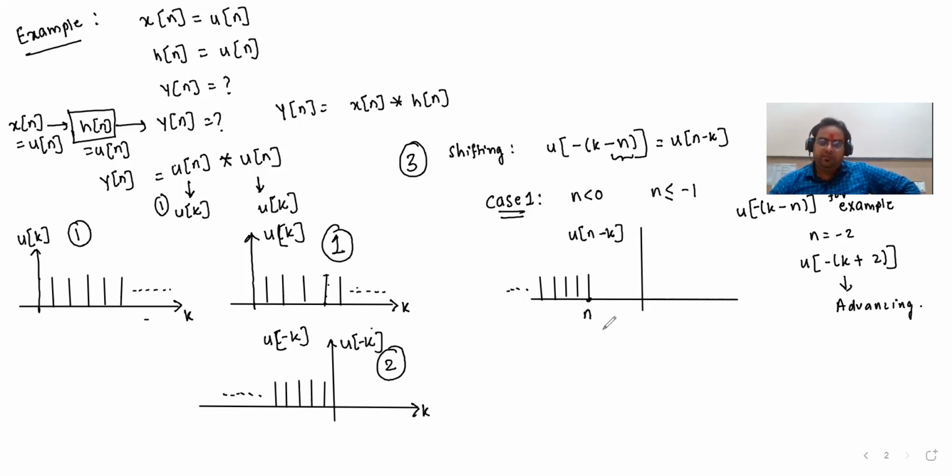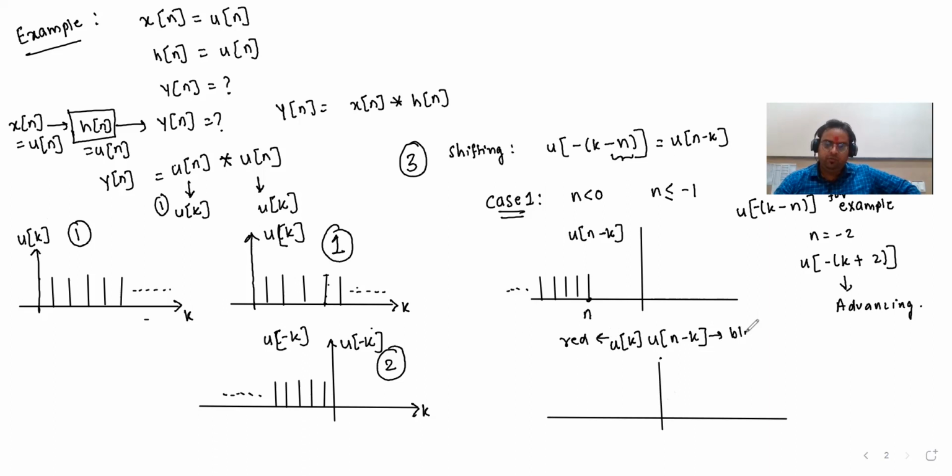And then the next thing we have to do is multiply this one and our first signal u of k, that is our fixed signal. So if we multiply here, you can clearly see that if I multiply u of k and u of n minus k, okay, what I'll do is that I'll show u of k with red, and u of n minus k I'll show with blue.